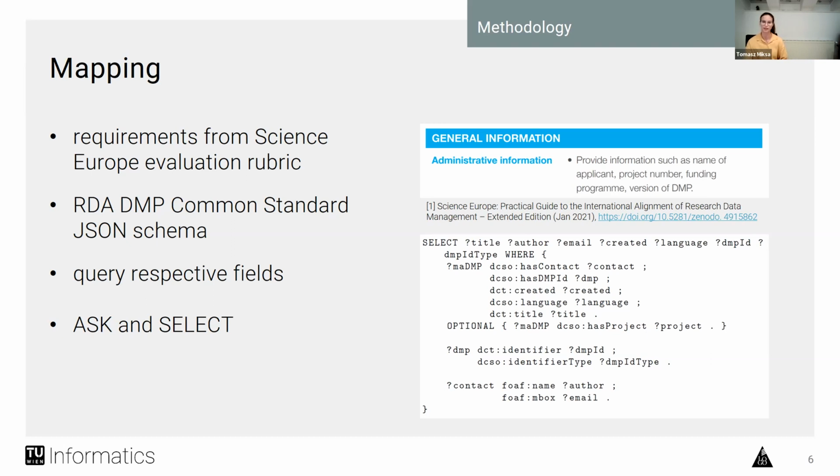So they return a result set. And this result set basically represents a custom view of the queried data. So as an example, on the right-hand side, you can see the very first sub-item of the evaluation rubric, which is about administrative information. And below that, you can see our SPARQL query, which queries the corresponding fields.